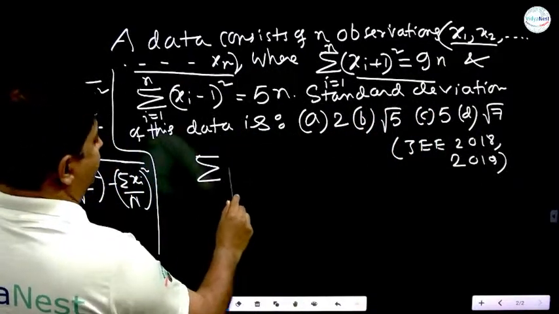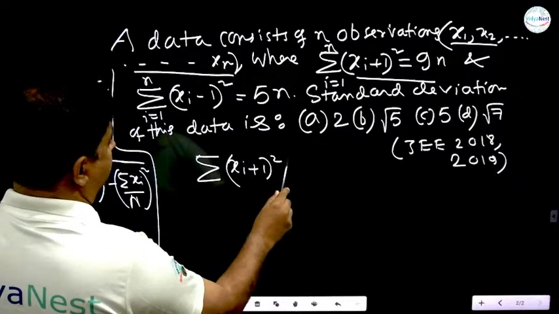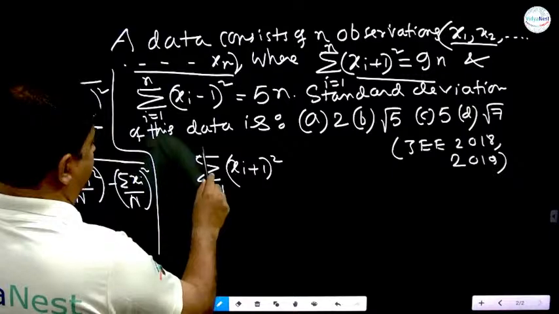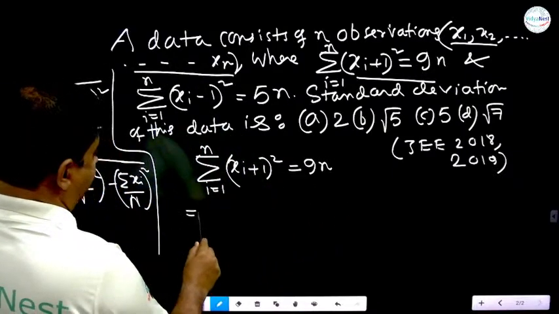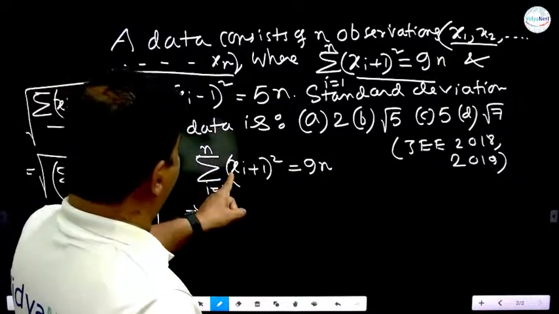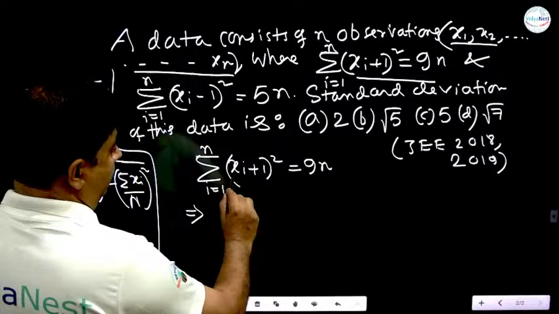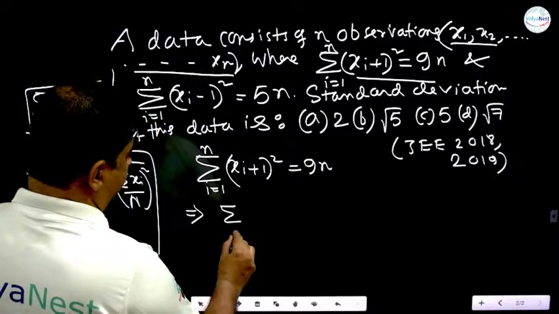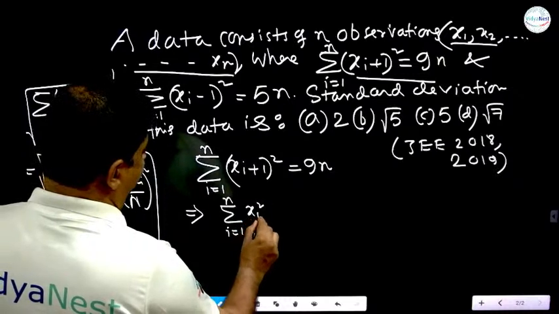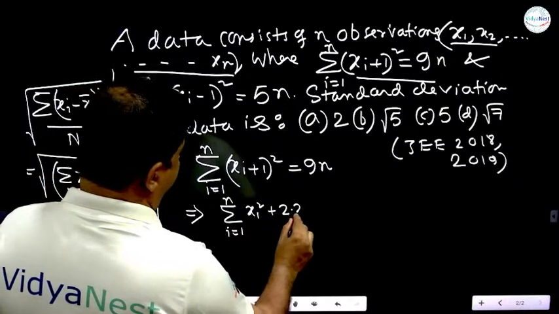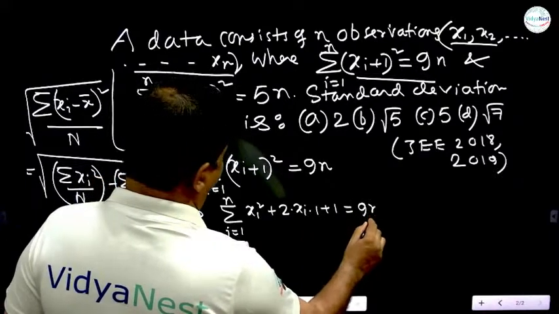What does this summation give you? Expand it: xi square plus 2xi into 1 plus 1 square. Okay?